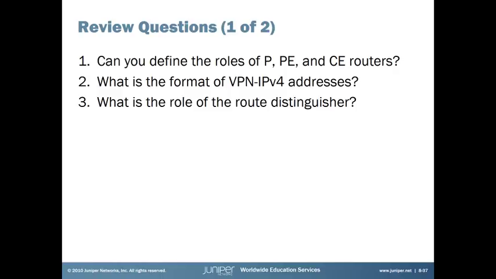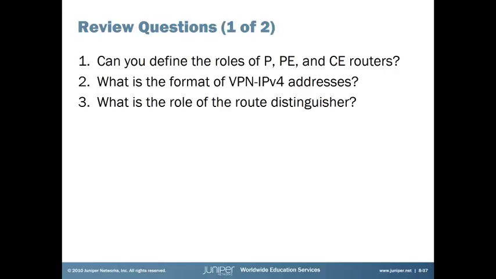What does the route distinguisher do? What's its job? What problem does it solve? What is the main problem that it solves? Administering numbering space. Exactly.